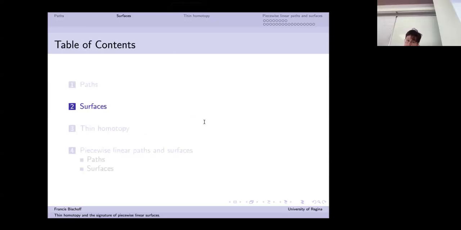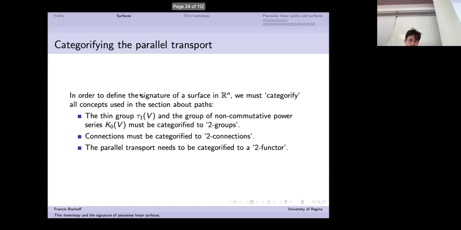Okay, so now I'll move on to surfaces. Okay, so for surfaces, here's the idea. We want to define signature of surfaces now in Rn in order to sort of capture algebraically a surface.